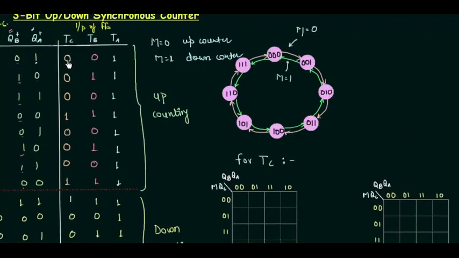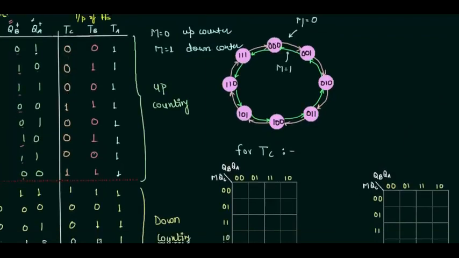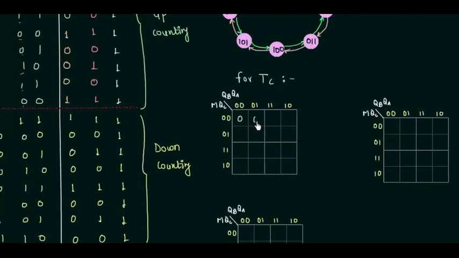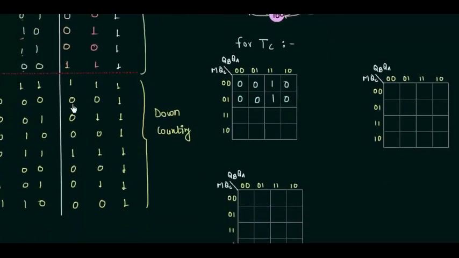Initially we have 0 0 0 1, so we have 0 0 0 1, then we have 0 0 0 1 again, so 0 0 0 1, and for the last 8 values I have 1 0 0 0, so 1 0 0 0, and again we have 1 0 0 0. We have filled the K map, and it's time to make the pairs or group of 1, you can say.